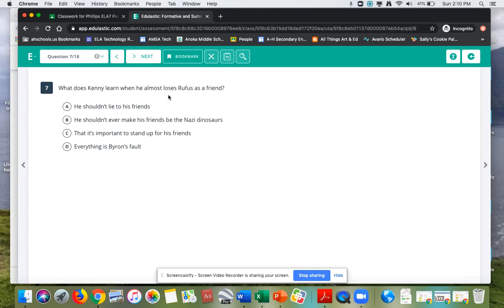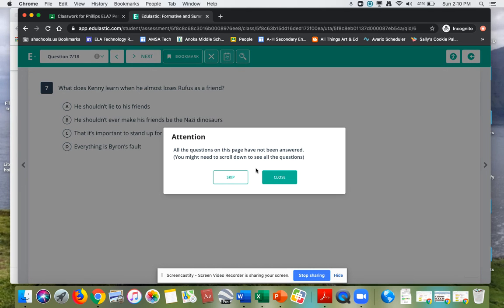What does Kenny learn when he almost loses Rufus as a friend? Right? You might recall that he gets some of his mom's help to get Rufus back. But what is the lesson that he learns because he almost loses Rufus as a friend?